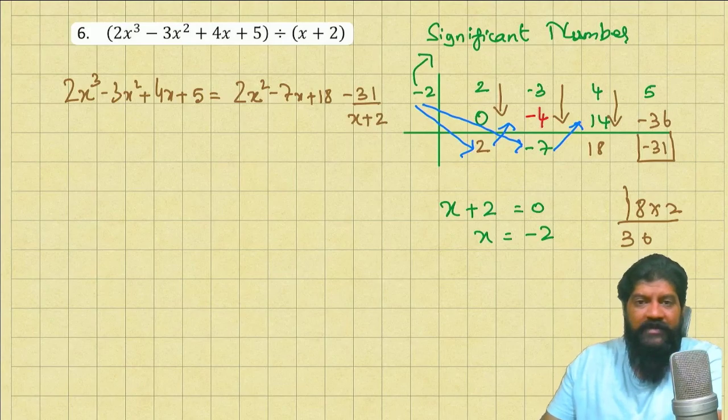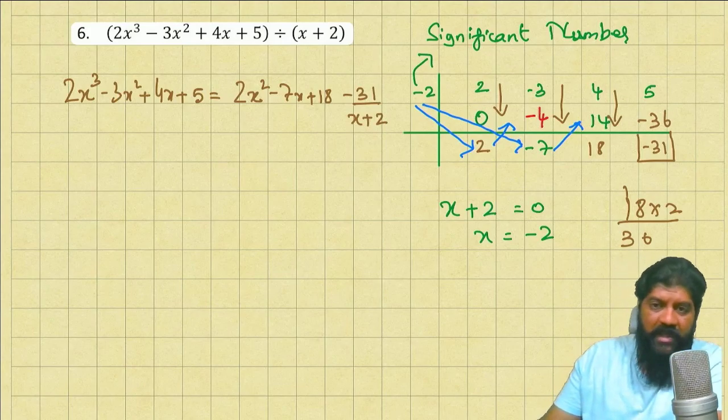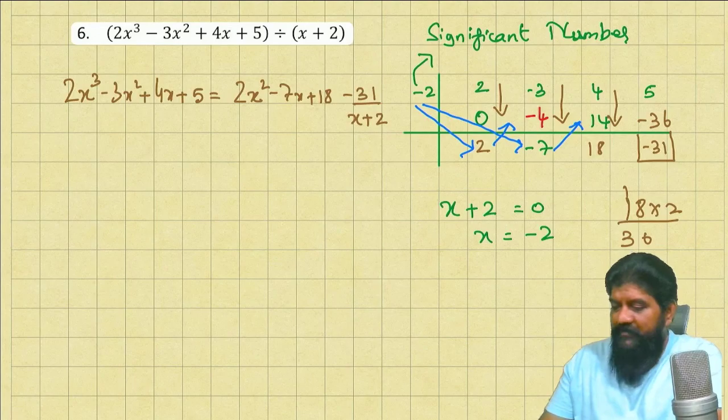Now that's how I do the synthetic division method.